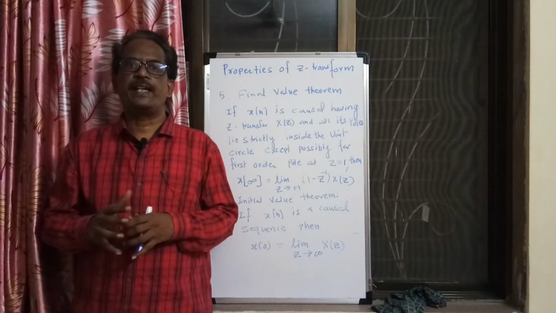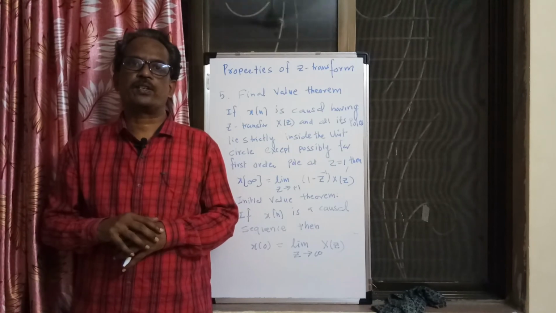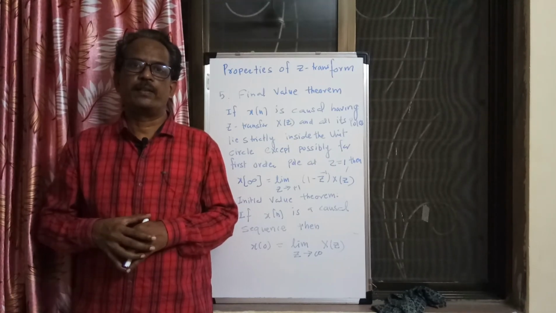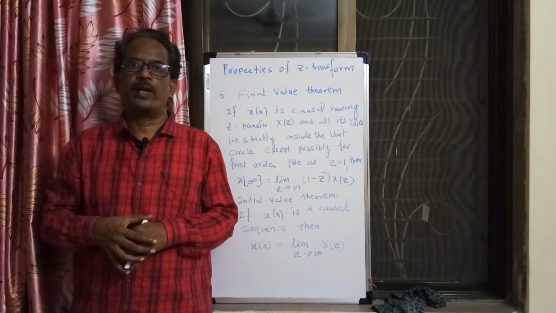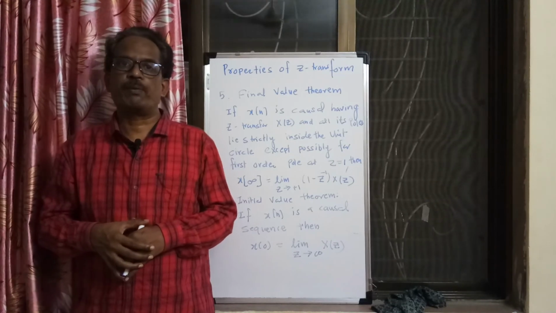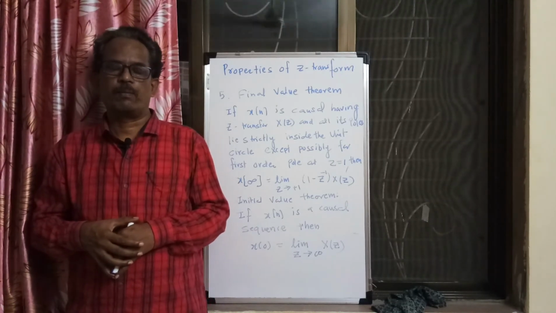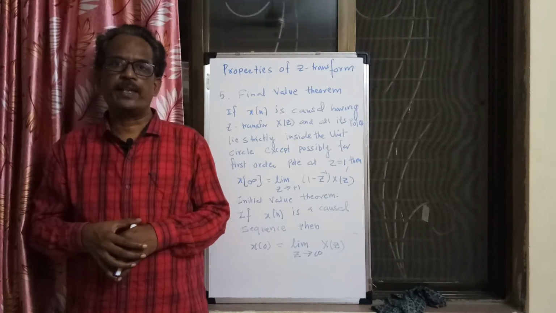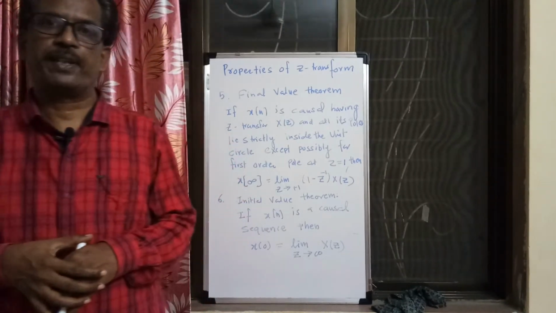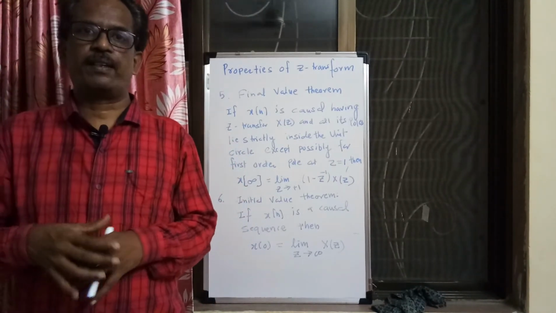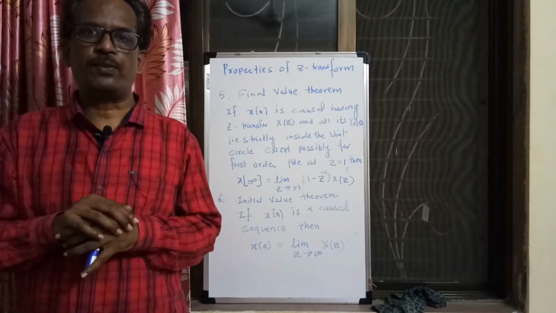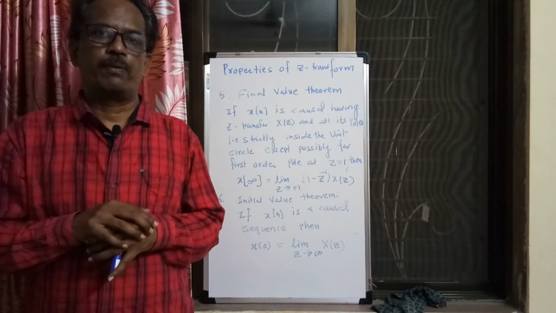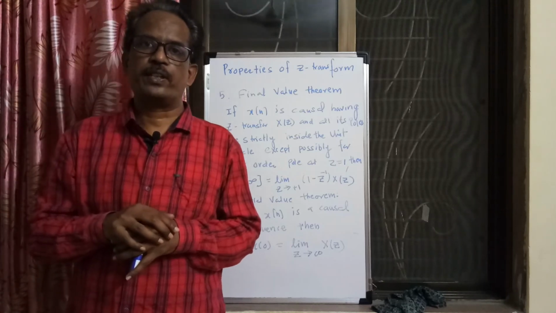Then we can find the steady state value, that is the value at the end, or the value at n equal to infinity. So x of infinity can be obtained by multiplying the Z transform of x of n by the factor 1 minus z inverse, and taking the limit with z tending to 1.